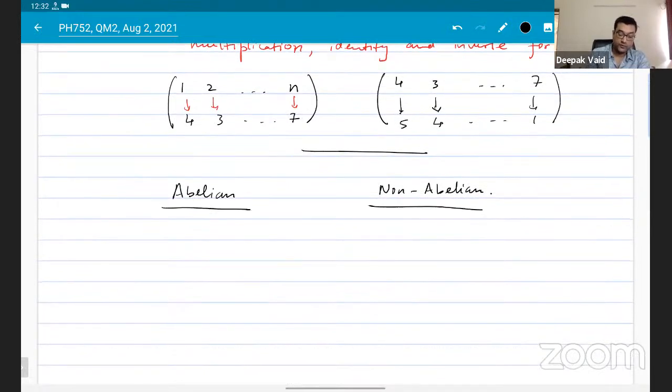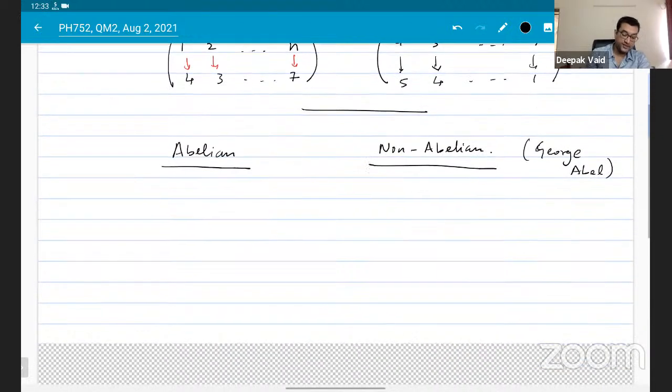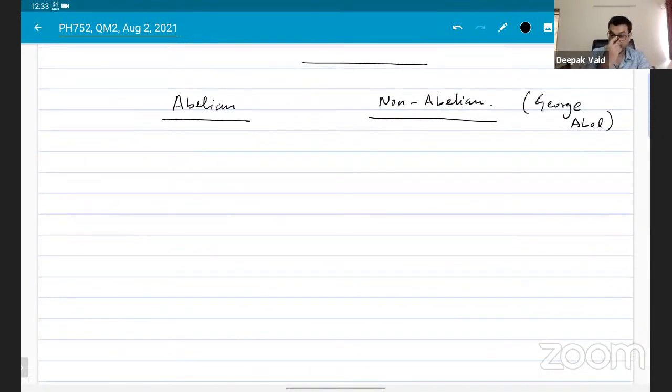An abelian group is named after a mathematician named George Abel, who died at a very young age, and he died in a duel. Was that Abel or was that Galois? I forget, but he also died very, very young.